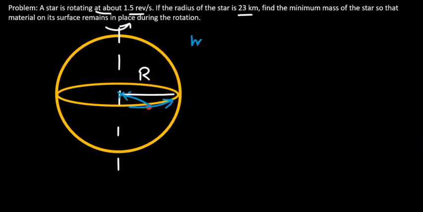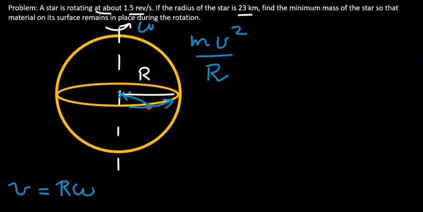The magnitude of that centripetal force is given by the mass of that tiny material times its tangential speed squared over the radius of that star. However, the tangential speed of that material can be related to the angular speed of that star's rotation, and that is just the radius of the star times the angular speed of the star.